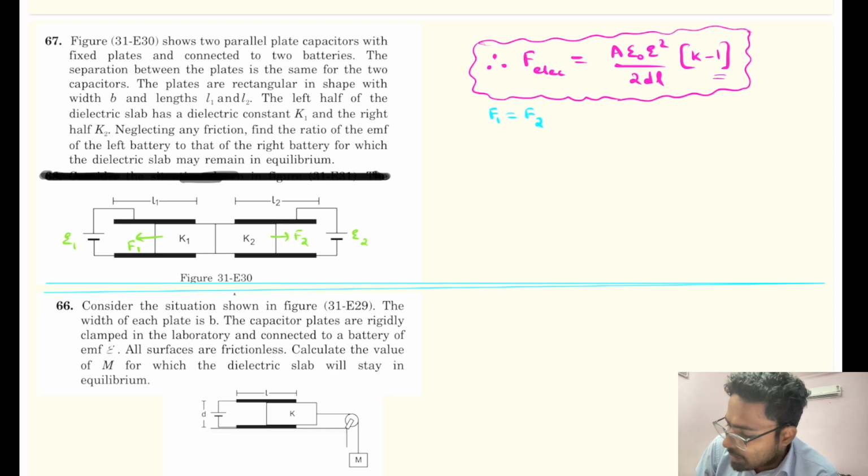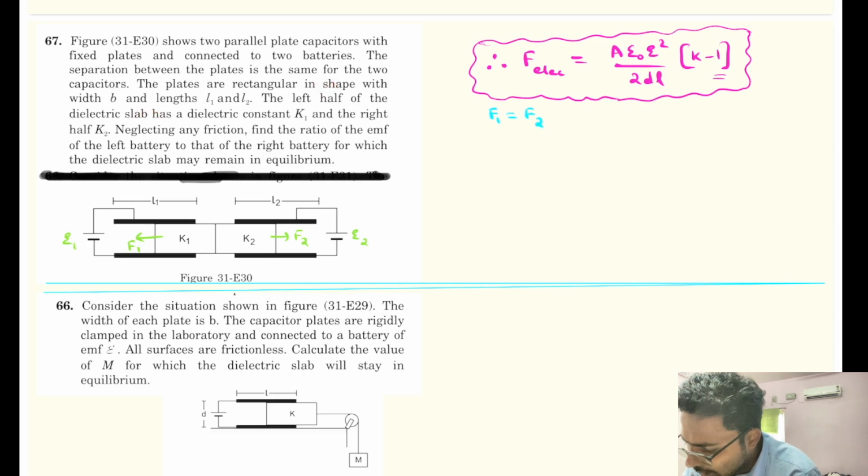The area of the plates, both are identical. The plates are rectangular in shape with breadth B, and the lengths are L1 and L2. The separation between the plates is the same, that means D is the same for both.